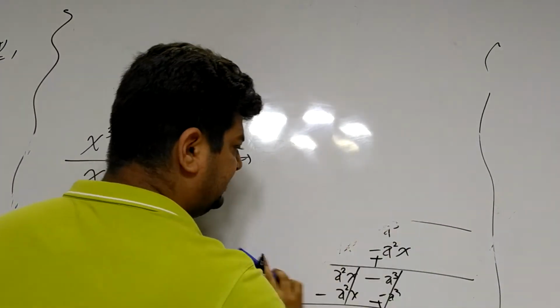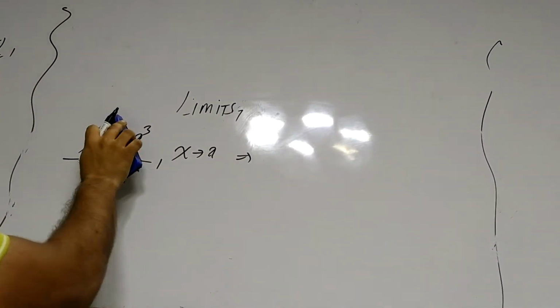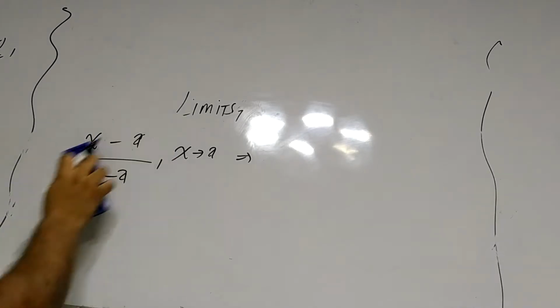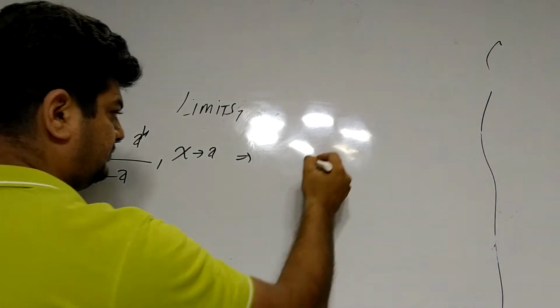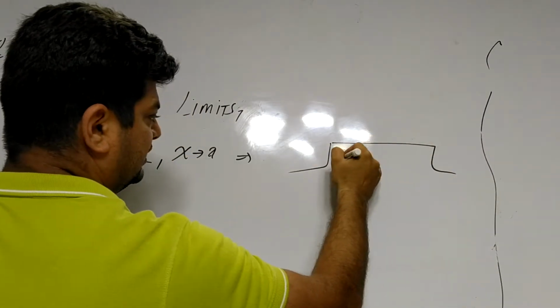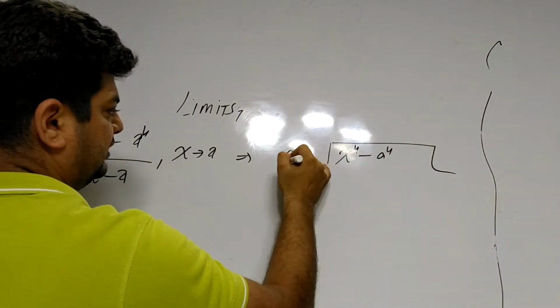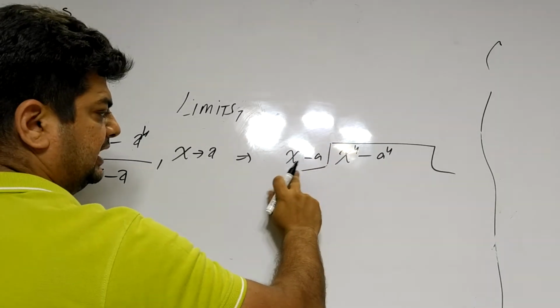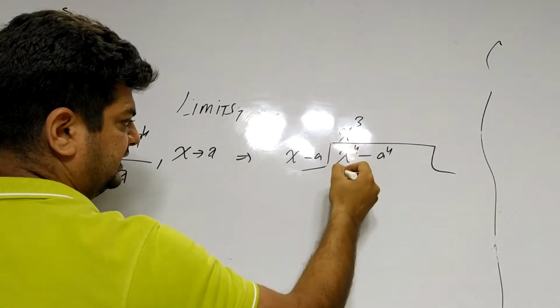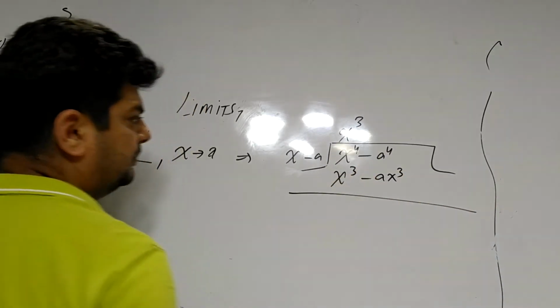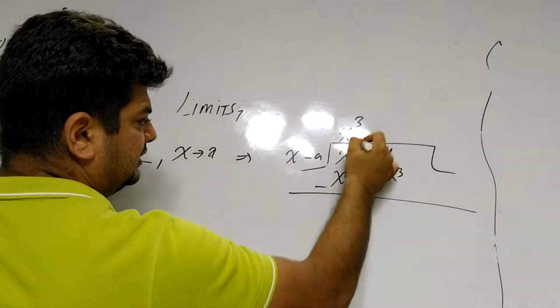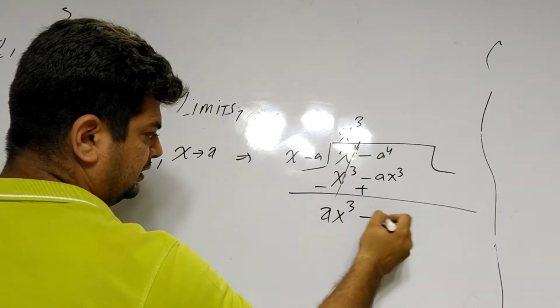Alright? Had the things been x raised to the power 4 minus a raised to the power 4, I would be asking what to multiply with x to get x raised to the power 4, I would be saying x cubed. This a would be accompanying x cubed in this. So you get a x cubed.